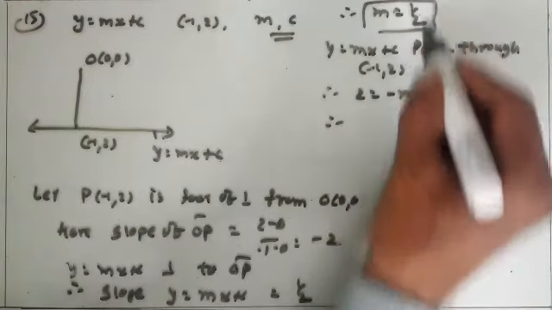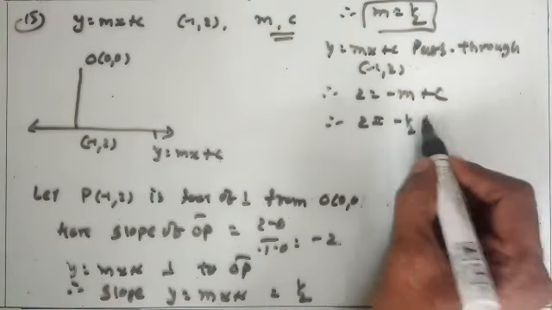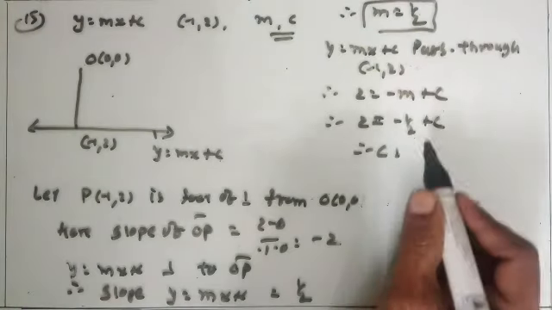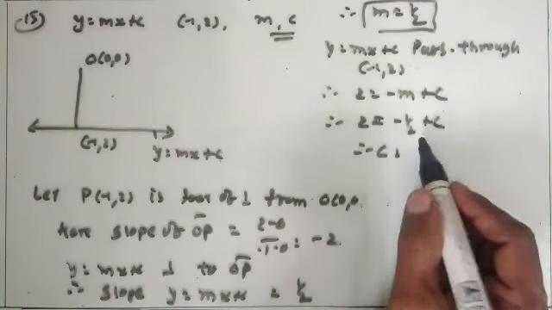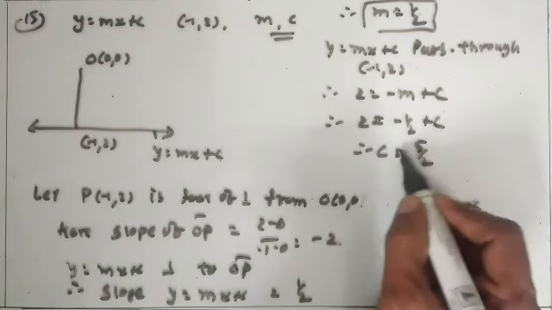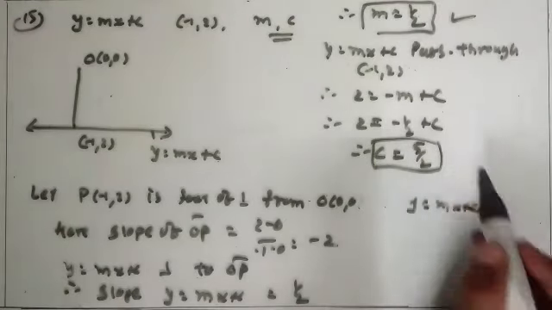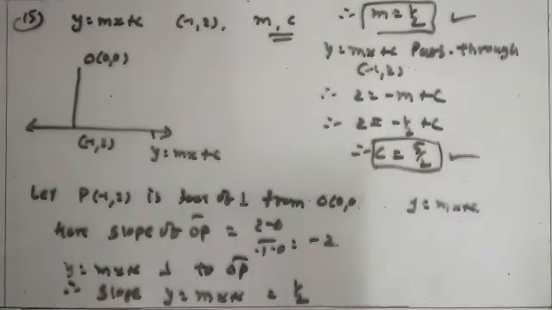Here m is 1/2, so 2 equals -1/2 plus c. Therefore c is equal to 1/2 taking this to the other side, so 2 plus 1/2 is 5/2. So the value of c is 5/2. Clear? m is equal to 1/2 and c is equal to 5/2.